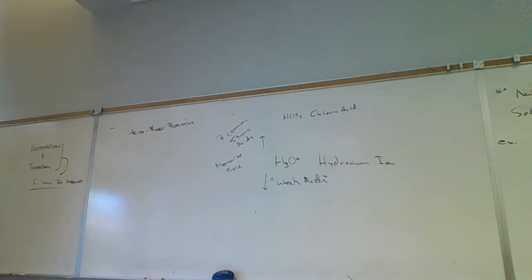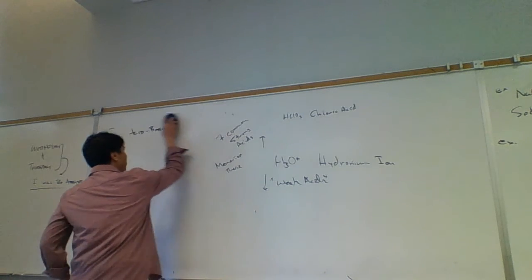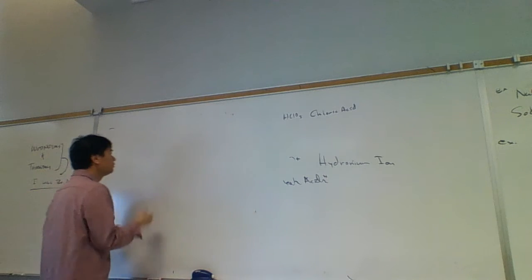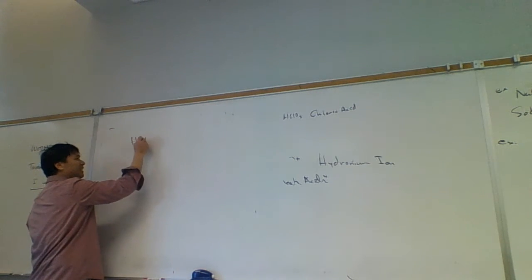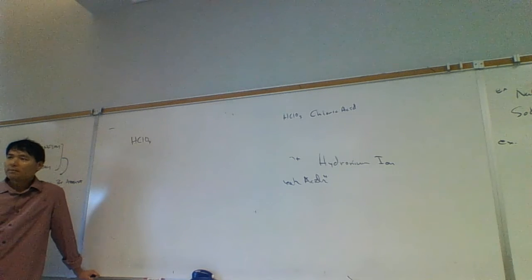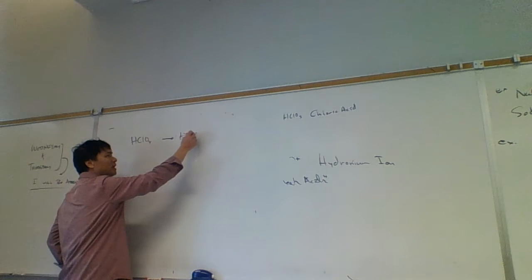All right, now this chart is very convenient because we have a conjugate relationship. Have you ever heard of a conjugate relationship? A conjugate relationship means that we don't have two separate charts. So for example, HClO4 is the most powerful acid on that chart. You know what that means? That means HClO4 loves to donate an H+.